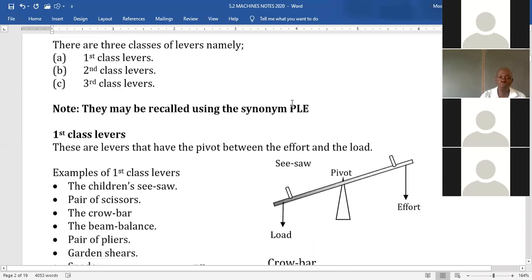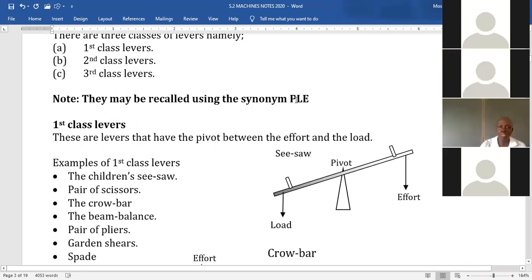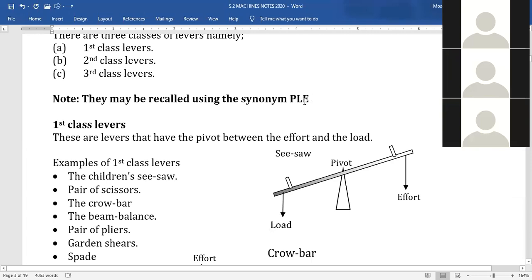So PLE, who remembers what PLE stands for? Why do we select PLE? It is selected for a specific purpose, according to the class of levers. P stands for pivot, L for load, and E for effort.